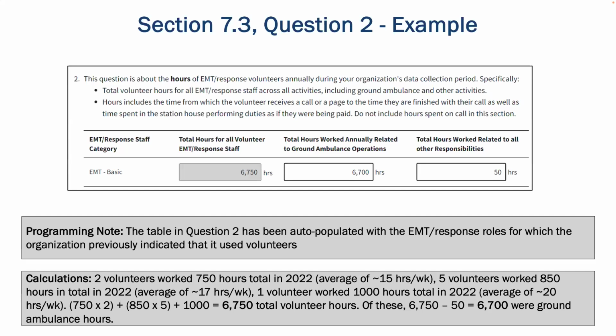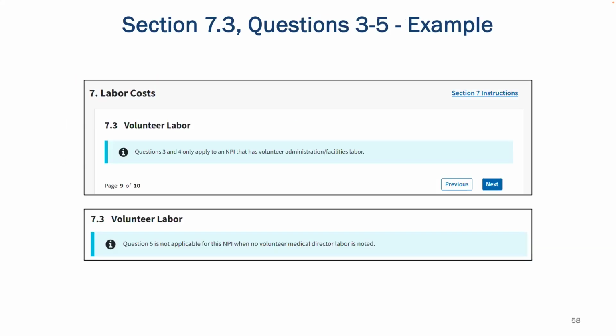The total hours for all volunteer EMT response staff serves as a check. The organization will not see questions 3 through 5 about volunteer administrative and medical director roles because they have previously indicated that all of their staff in these roles were paid.